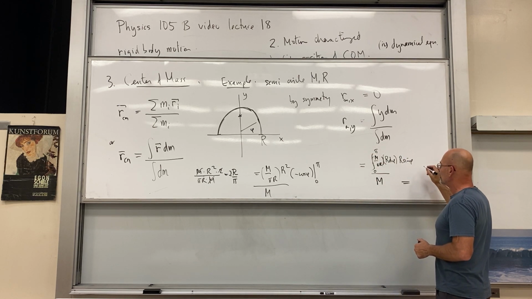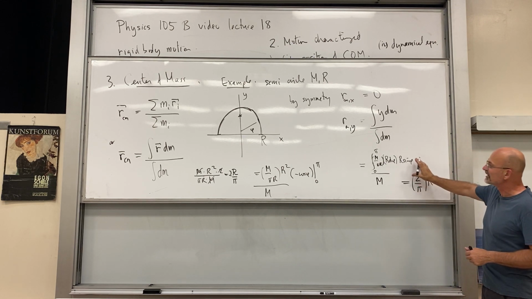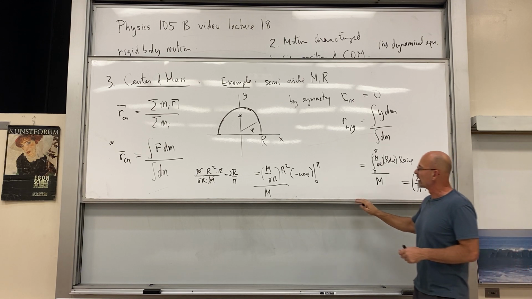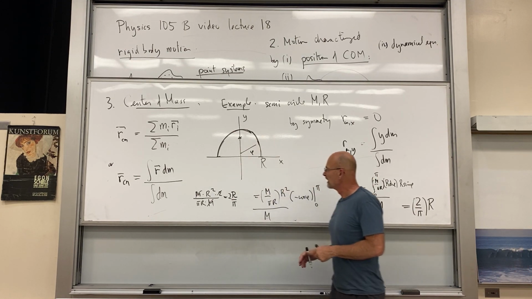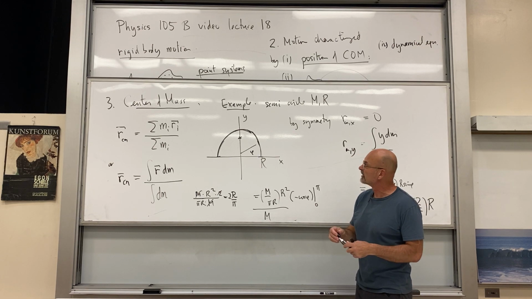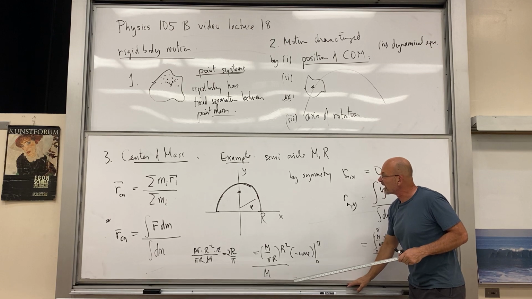It equals 2 over pi times R, so that's roughly 2/3 of the way up. That makes more sense. And this is an illustration of the point systems theorem that we had.